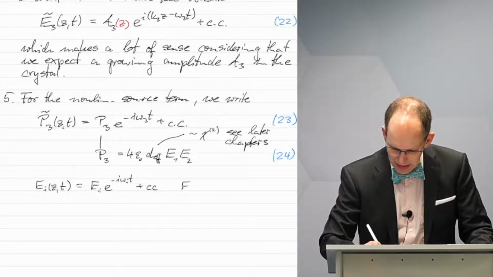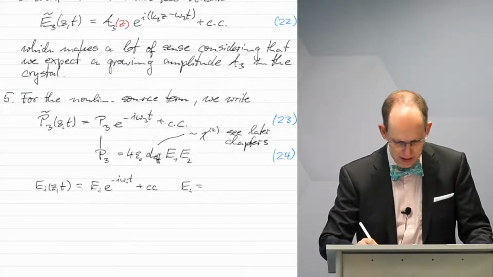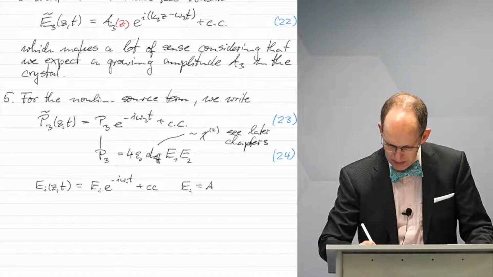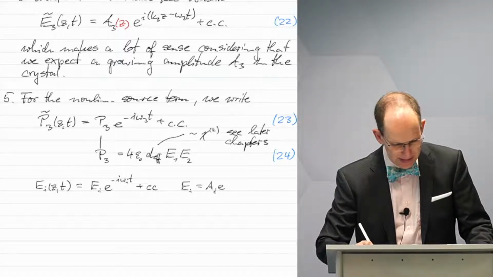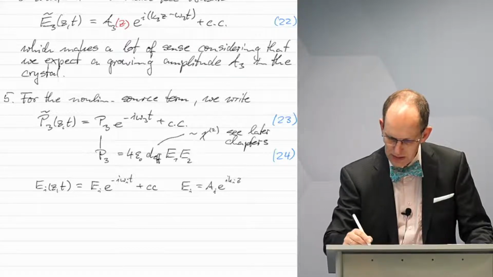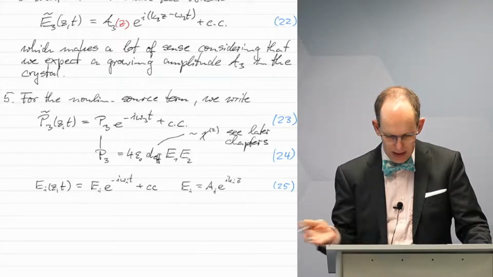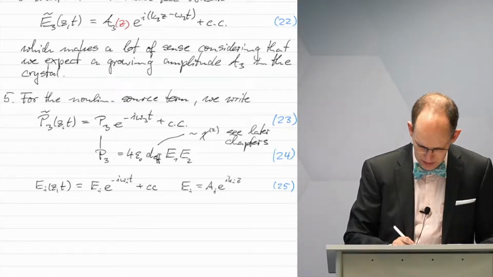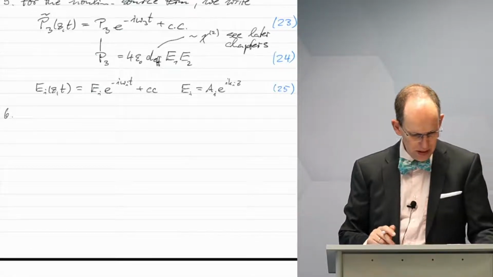And we split off the spatial dependency in this amplitude E_i, right? So we have here e to the i k_i z. So this is supposed to be equation 25. And if we put that all together, then we get an expression for the polarization.